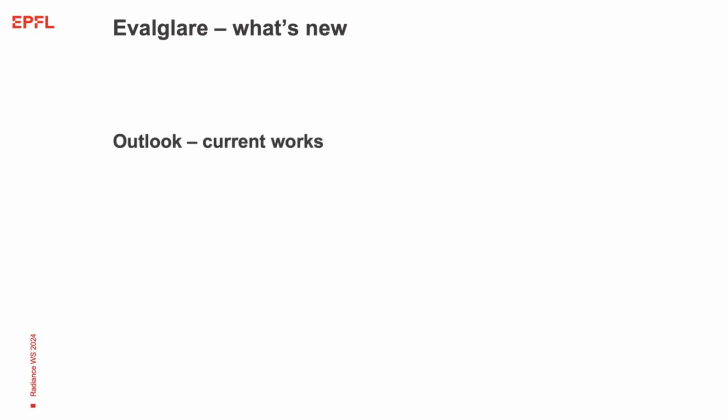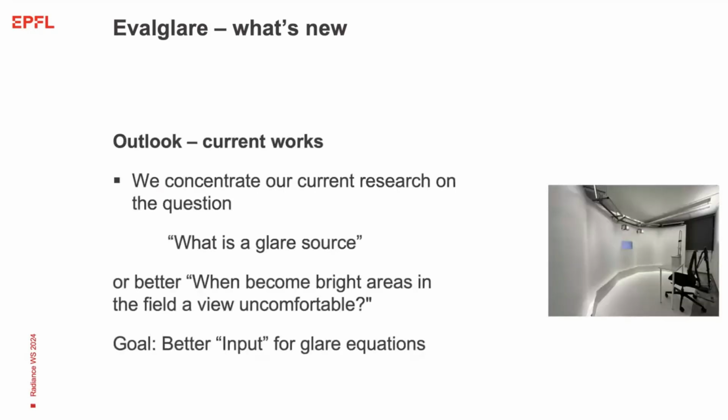So these are the main changes that are in Evalglare for the current version. What we are currently working on is, actually, this should have been done much before. The core question is, what is a glare source? And this is actually not that easy to answer if you have an image and have to detect what is a glare source and what is not.